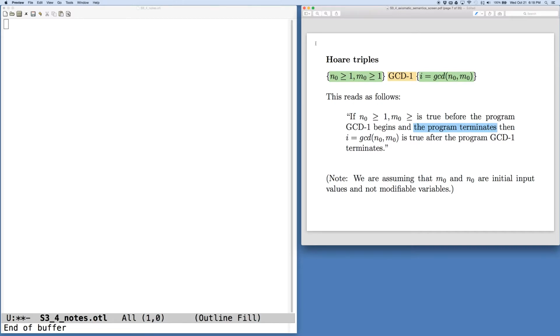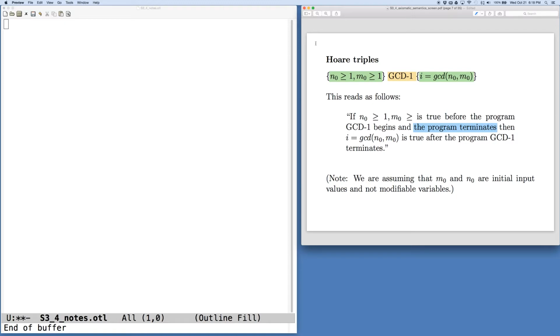When we begin, we're just requiring that these numbers are greater than or equal to 1. The code is the part in yellow in the middle, and the postcondition is the last component that says i is equal to the GCD of n0 and m0. The precondition and the postcondition are mathematical statements. These are not computer programs. The yellow part in the middle is the computer code that we're trying to prove a particular property over.